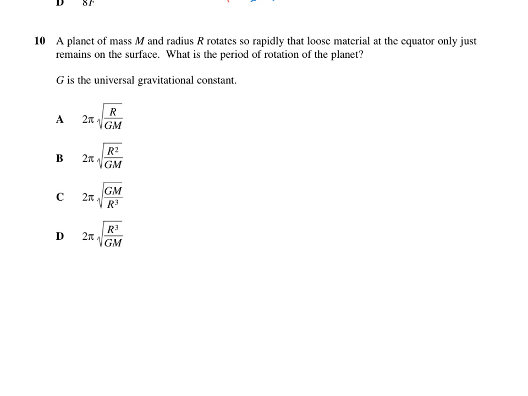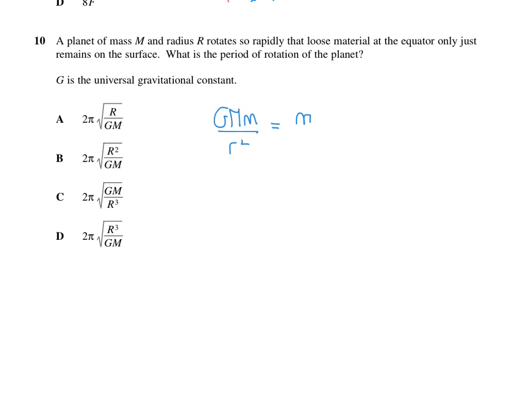A planet of mass m and radius r rotates so rapidly that loose material at the equator only just remains on the surface. What is the period of rotation of the planet? Okay, so the force acting on it would be GMm over r squared, and it's just remaining in circular motion.